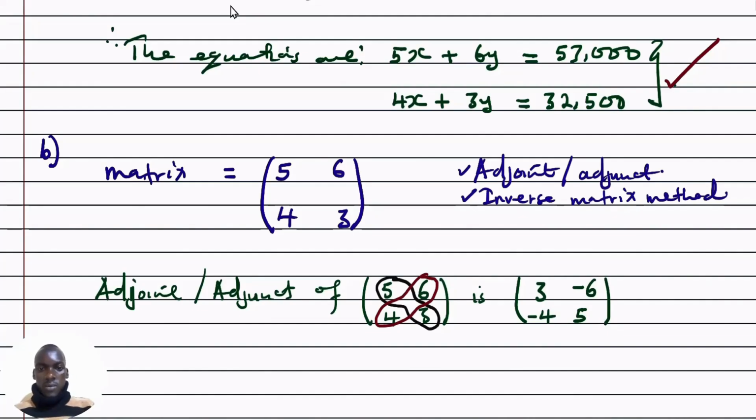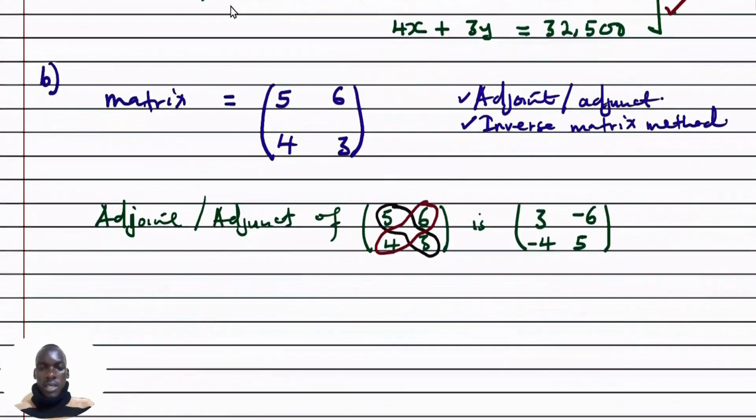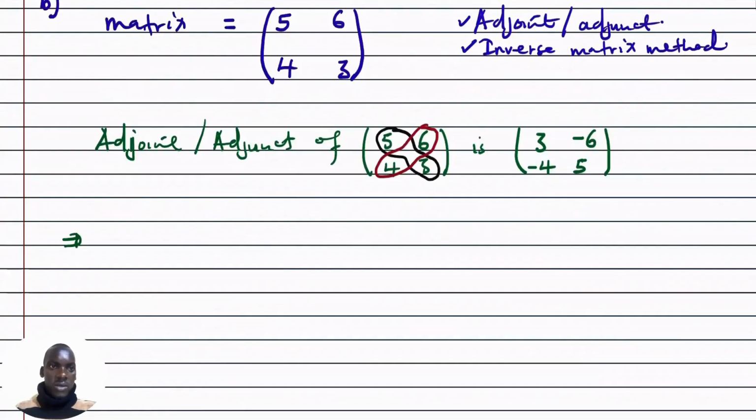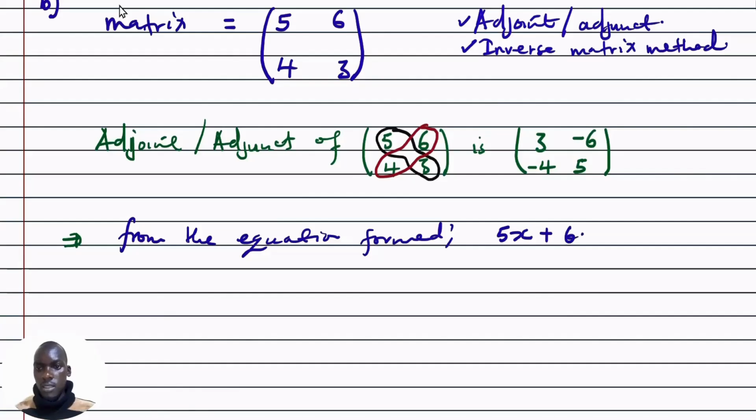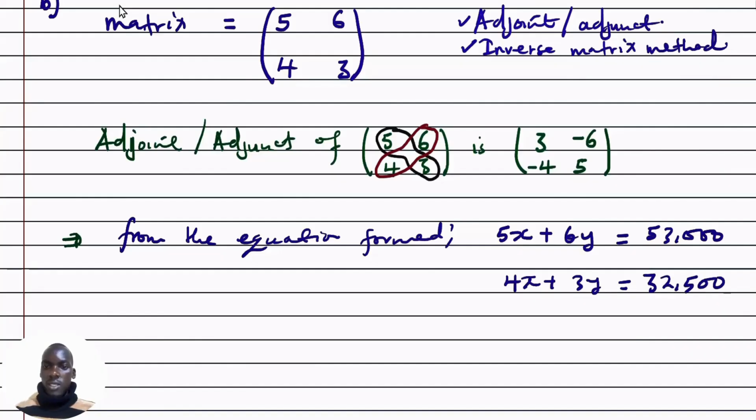So from here we need to go ahead and do the matrix multiplication. Remember the equations formed: we have 5x plus 6y equals 53,000, and then 4x plus 3y equals 32,500.